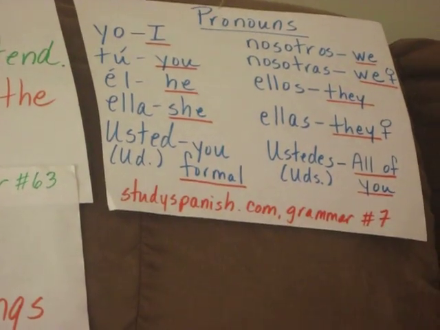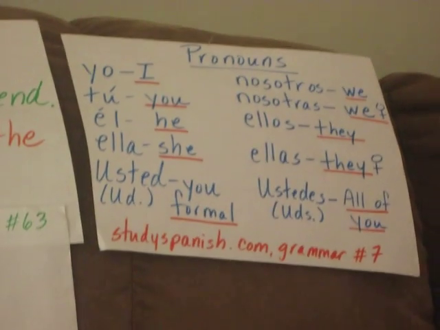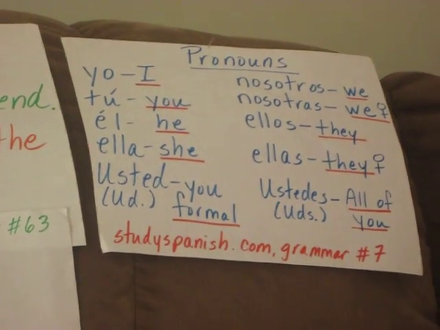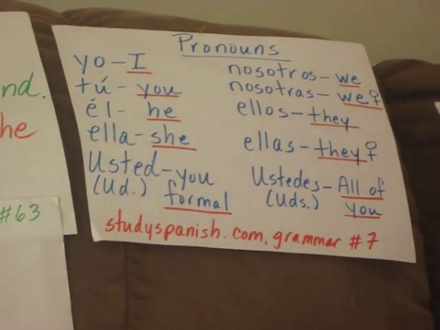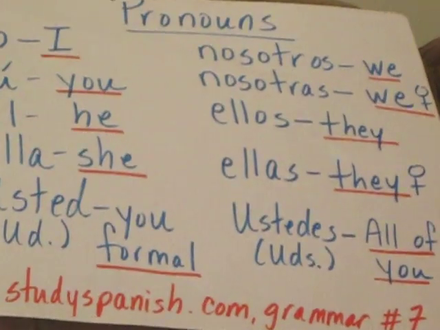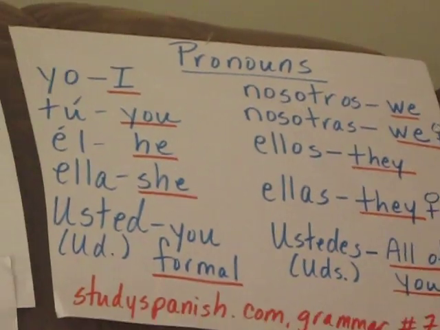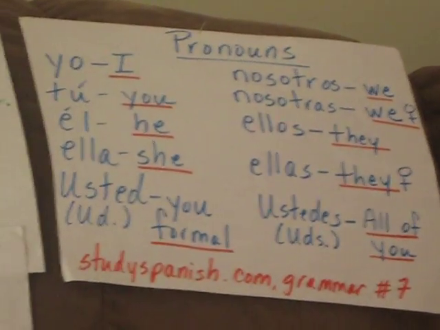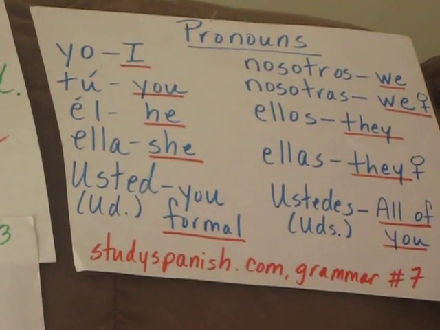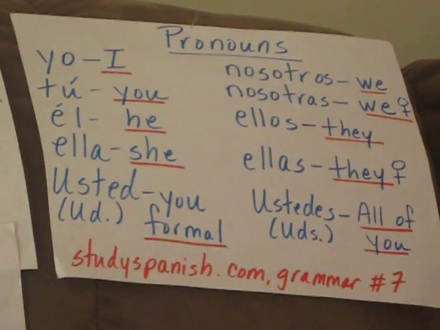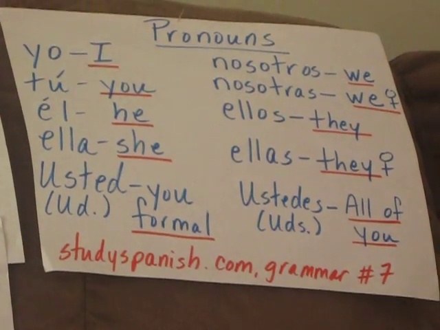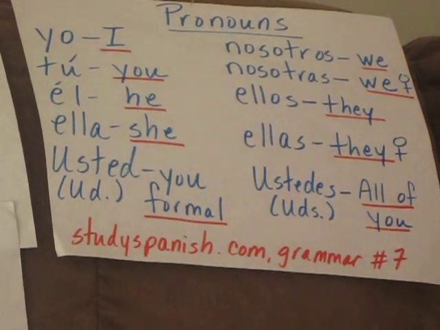Now when you're talking about your endings for your verbs, pronouns go hand in hand with that. And hopefully we all know our pronouns. If you don't, here's a quick review of them. Okay? You have yo, tú, él, ella, usted, nosotros, nosotras, ellos, ellas, and ustedes.